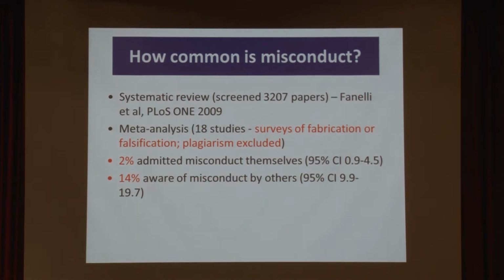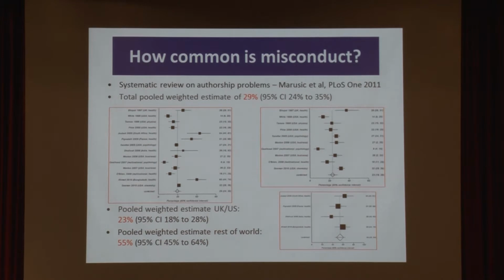We also look at authorship, which is very important for small scientific communities. Every paper counts for advancement in professorship and later on, and authorship problems are very common in the scientific community. So we did a systematic review of research on authorship, and we also did a meta-analysis of reported problems with authorship.